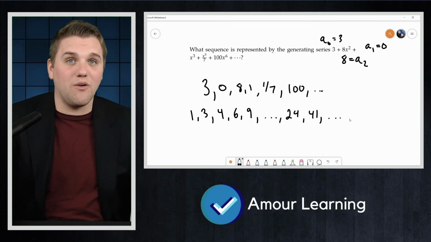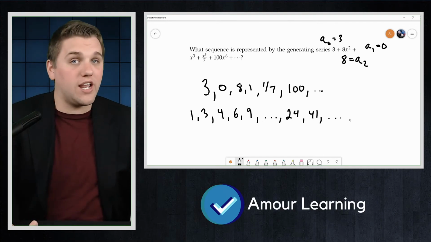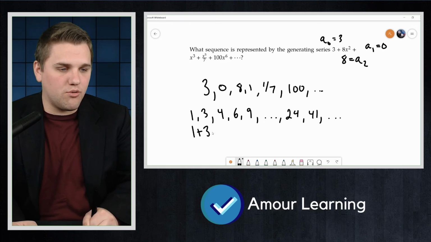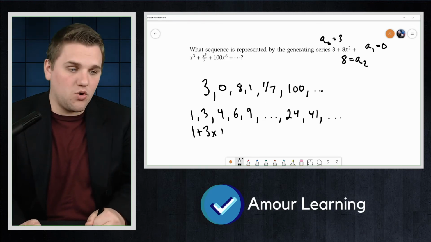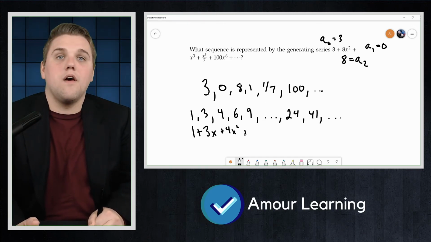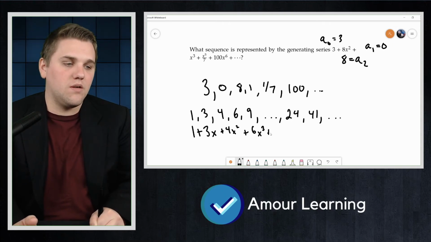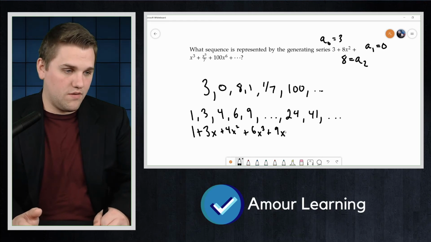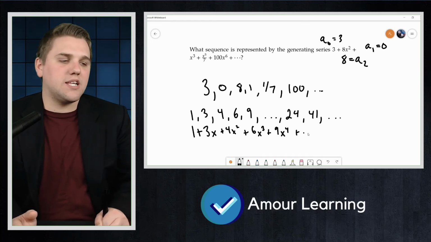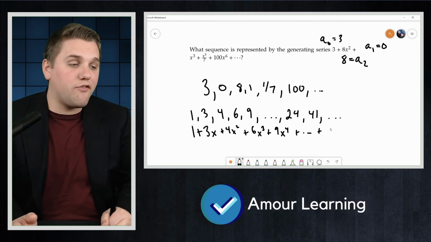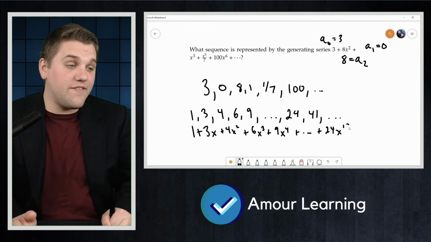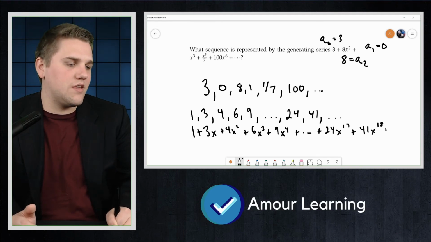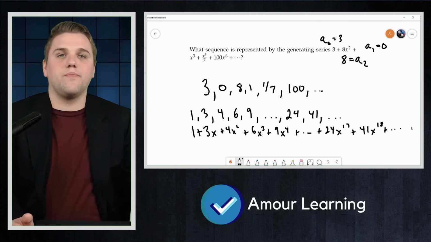However, if we wrote the generating series instead, we would have 1 plus 3x plus 4x squared plus 6x cubed plus 9x to the 4th, and then plus 24x to the 17th plus 41x to the 18th and so forth.